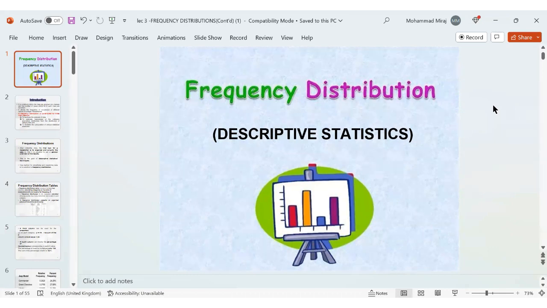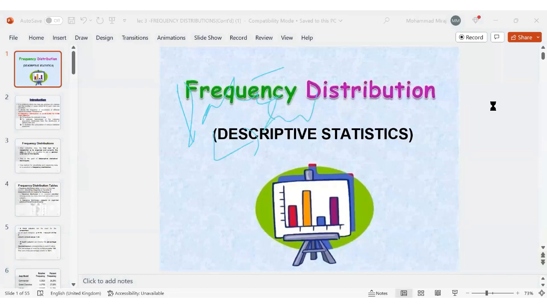Why do you need to describe data? Because, as I told you earlier, data has to be converted into information, information has to be converted into knowledge, and knowledge has to be converted into wisdom, because it is going to tell you certain things.